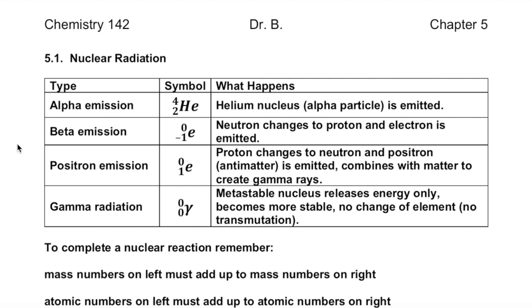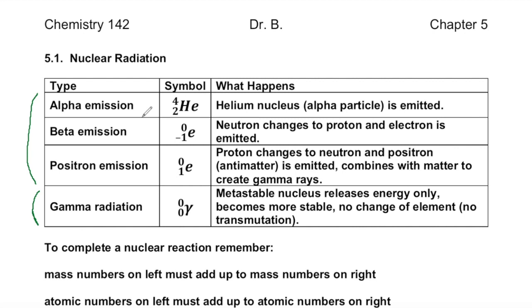And it's very energetic. There's a lot of energy produced in nuclear radiation. Some types of nuclear radiation cause particles to be emitted, and then other types cause just energy to be emitted. So we have alpha, beta, and positron emission, where the nucleus of a radioactive atom, so a radioisotope, is going to emit a particle from the nucleus, and the nucleus itself is going to change.